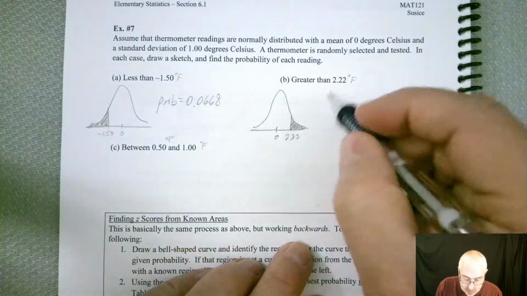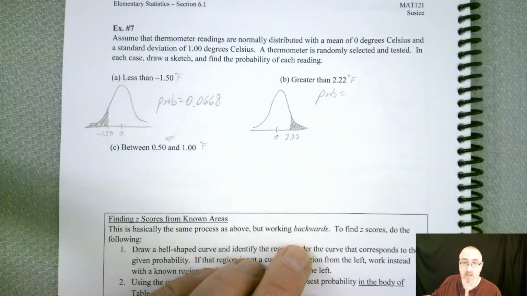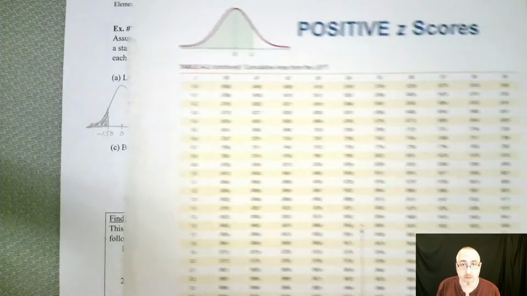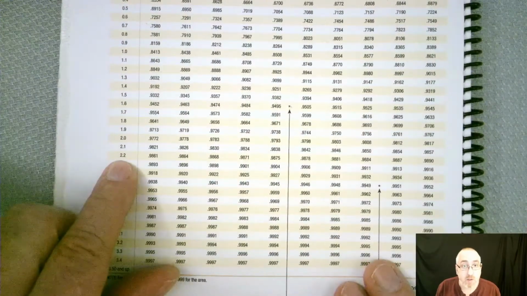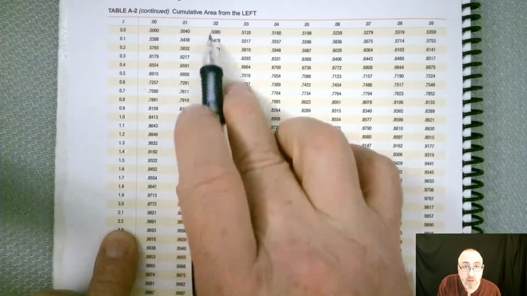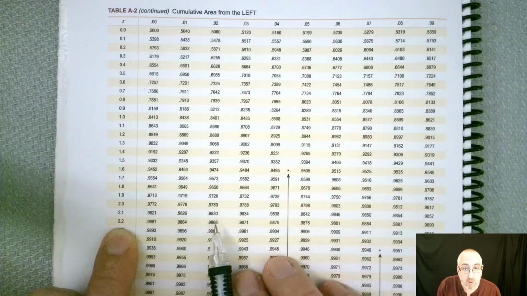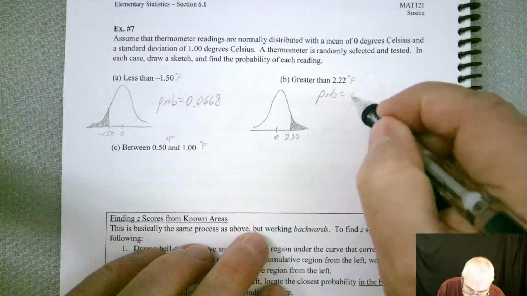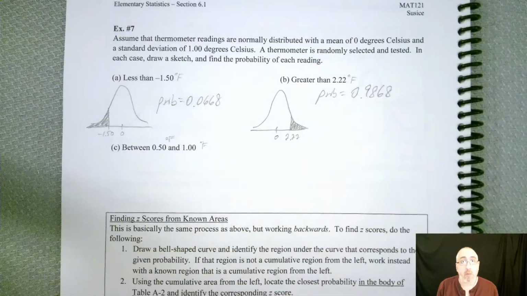If we go to our table and look up our positive z-scores, 2.2, and then the other two digits, we cross-reference these. It looks like 0.9868.